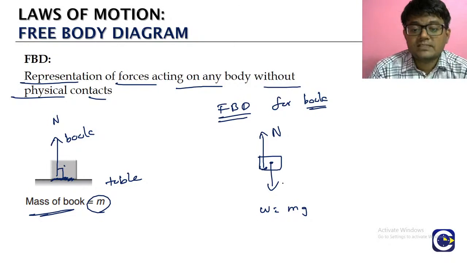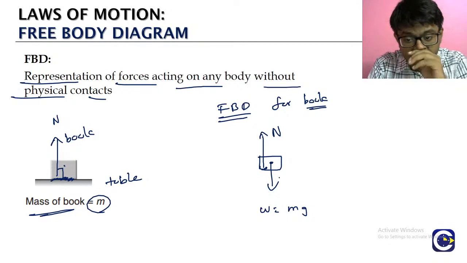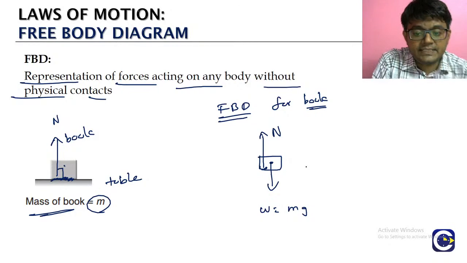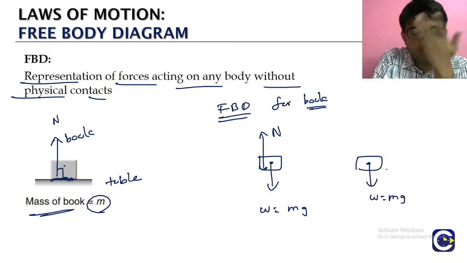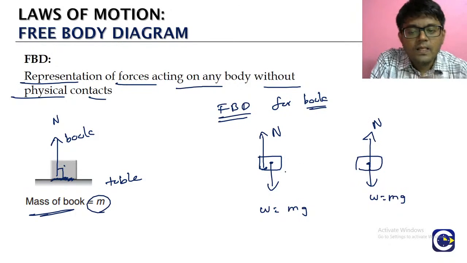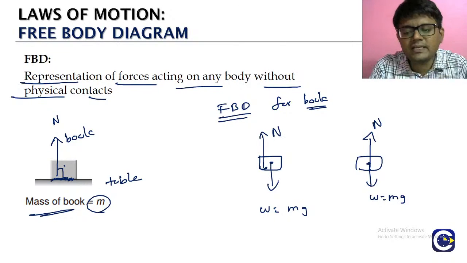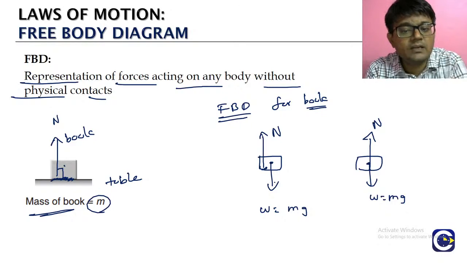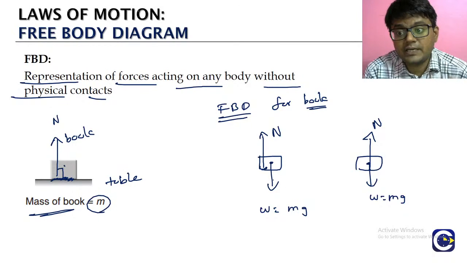Now some people will ask, sir, should the line of forces match or not? Should we represent the normal reaction like this, because the weight is represented from the center? Should we also show the normal reaction along the same line, or is it okay if we show it a little bit different? It is okay if you show it even a little bit sidewise, if you want to ensure that both the forces are represented properly.